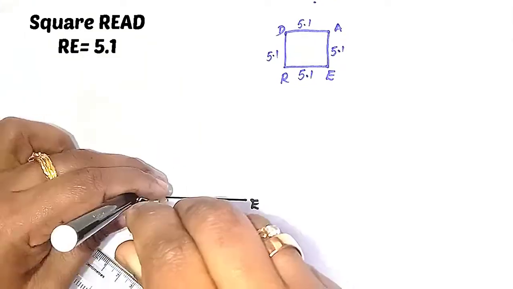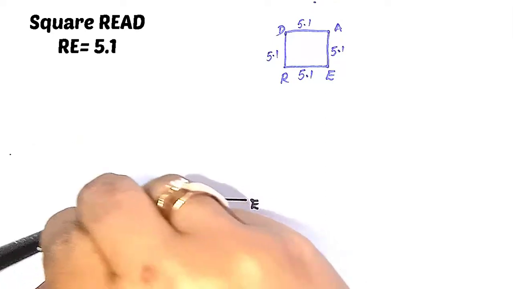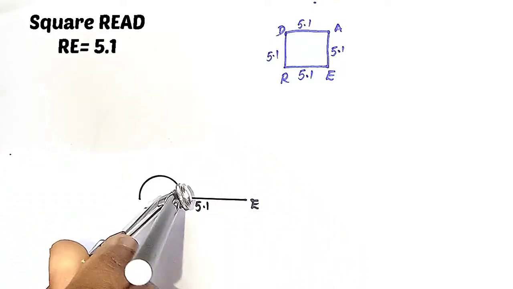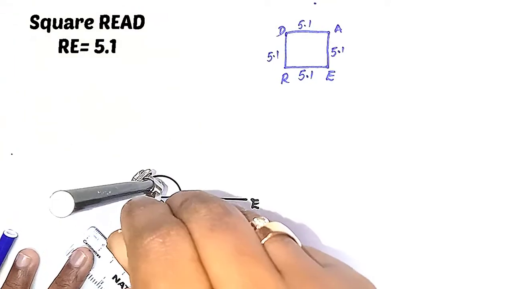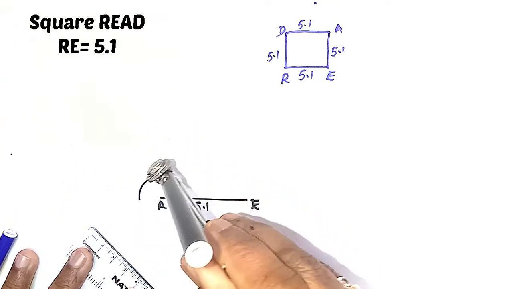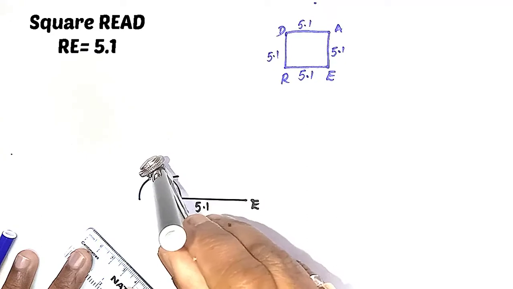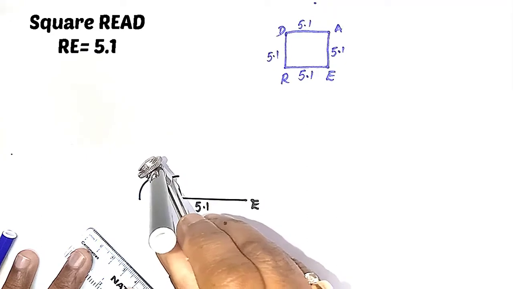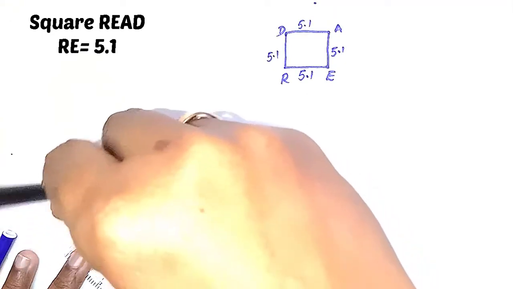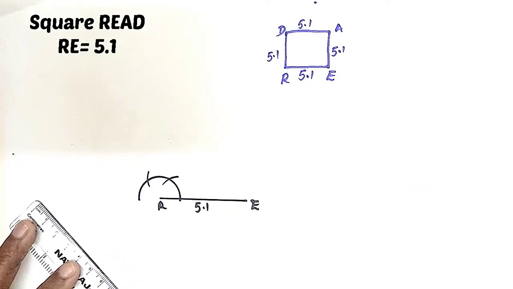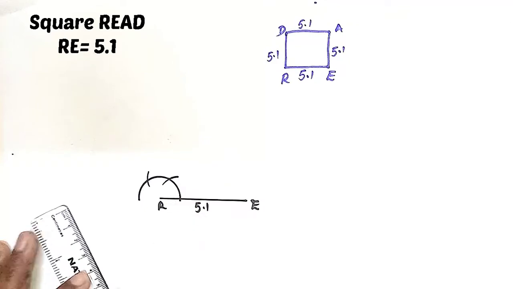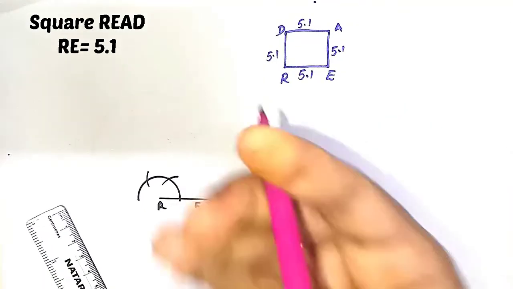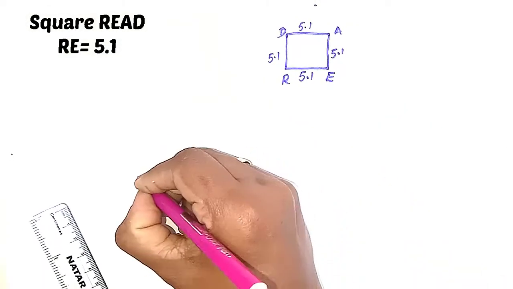Draw an arc. As we discussed in previous questions, with this point as center, cut the previous arc. This is 60 degree. Then with this point, again draw an arc. This is 120 degree. So bisecting 60 and 120 to get 90 degree.